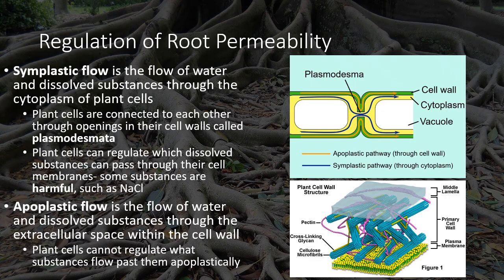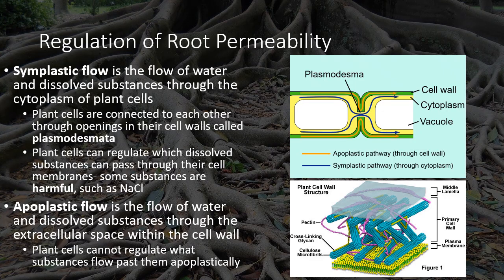If we look down at this bottom diagram, we can see the plasma membrane down at the bottom, which is yellow and green. The cell wall, which is on the outside of the cell membrane, is composed mostly of these cellulose fibers, which are laid crosswise, almost like plywood, to increase their structural strength.